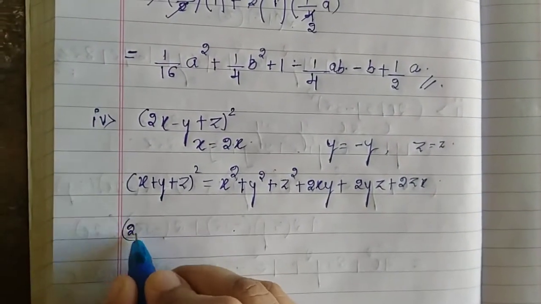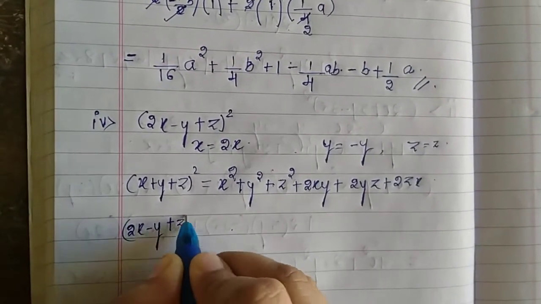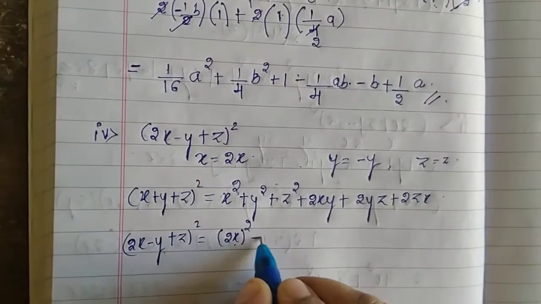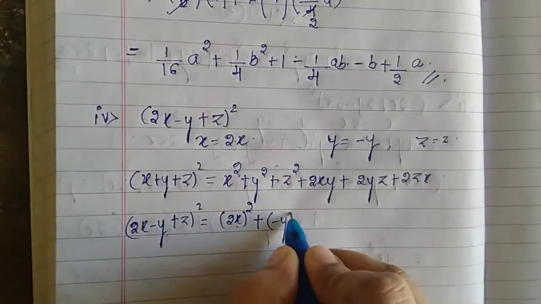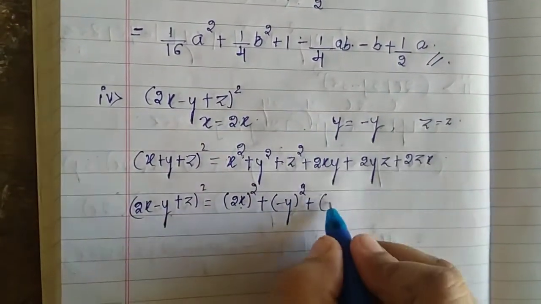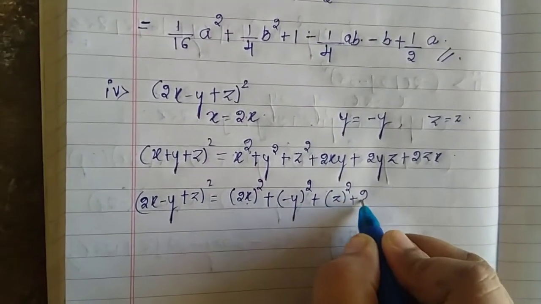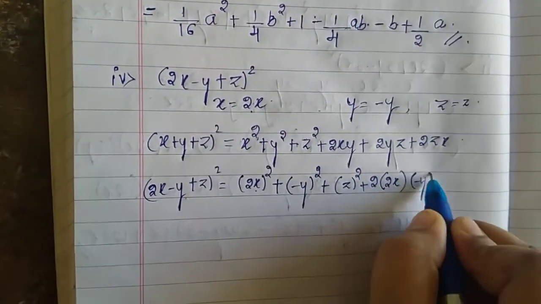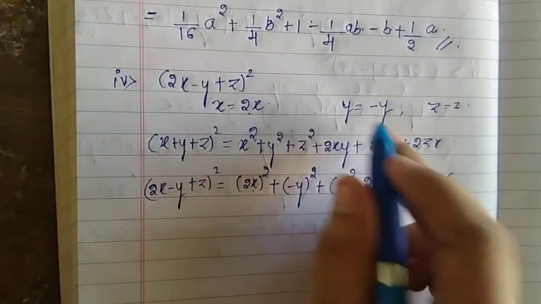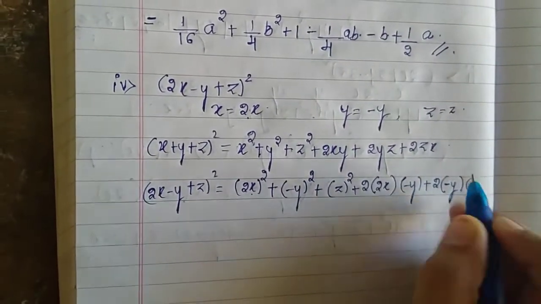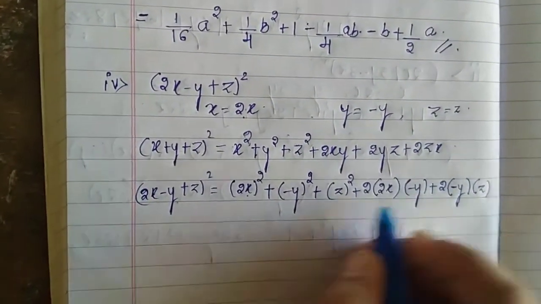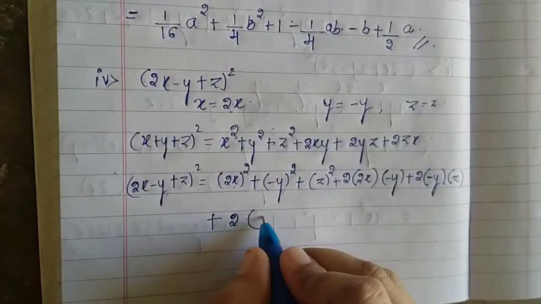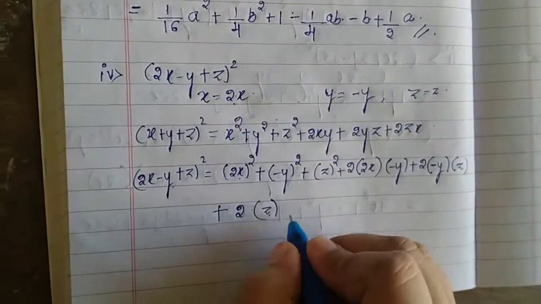So here the same thing, 2x minus y plus z the whole square is equal to 2x the whole square plus minus y the whole square plus z square plus 2 into x is nothing but here 2x, y is nothing but here minus y, plus 2 into y is nothing but minus y and z is nothing but here z, plus the last one 2zx, that is 2 into z is nothing but here z and in place of x here 2x.